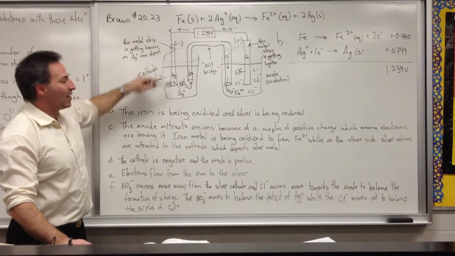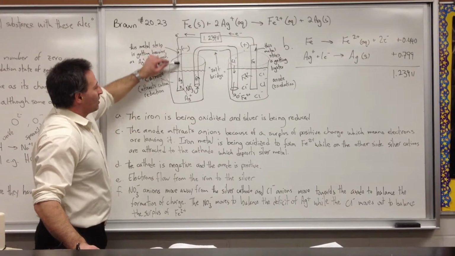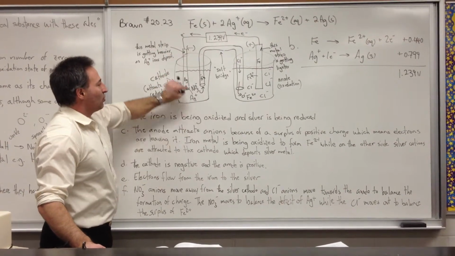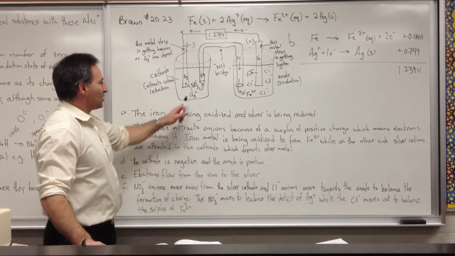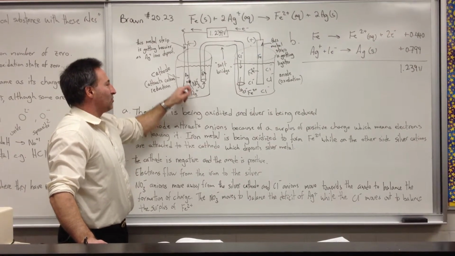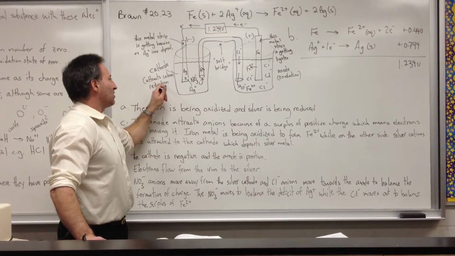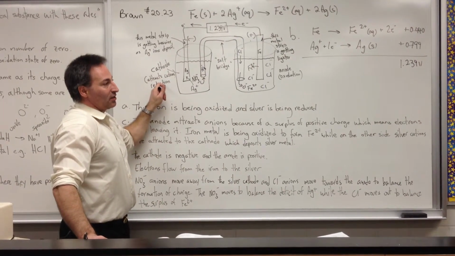Why? Because the cathode has a surplus of electrons available. So the negative charges that are building up in the cathode will draw the positively charged cations. So the silver cations are drawn to the cathode, where they pick up electrons and the silver becomes reduced. So the cathode attracts cations and the cations undergo reduction.